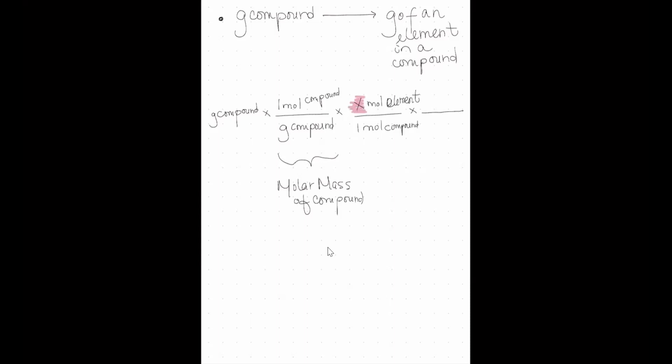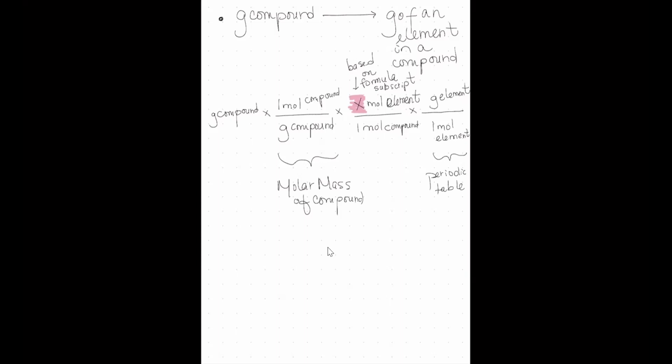Because this X is based on the formula subscript. The last portion is, in the bottom, 1 mole of your element. And on top, you're going to write grams of an element. Where do you get that? Periodic table. That's where you get the number for the gram.